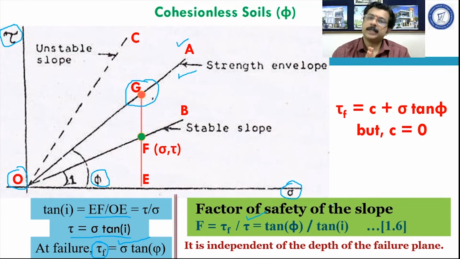One more thing we can conclude here, that this factor of safety for cohesionless soil is independent of the depth of the failure plane when the slope is infinite. Here we can see in the ratio there is no parameter which indicates the depth of the failure plane. So it is only the game of tan phi and tan I, right?